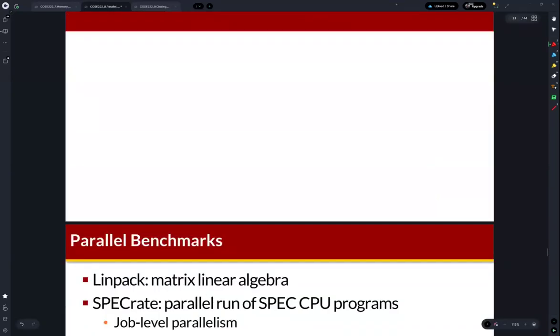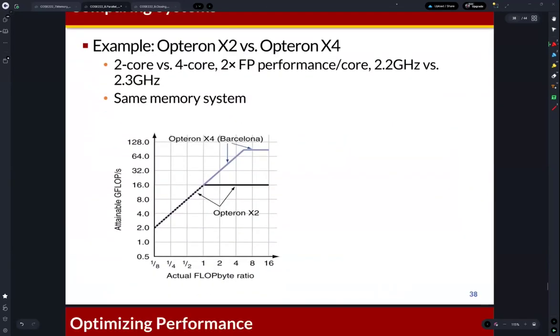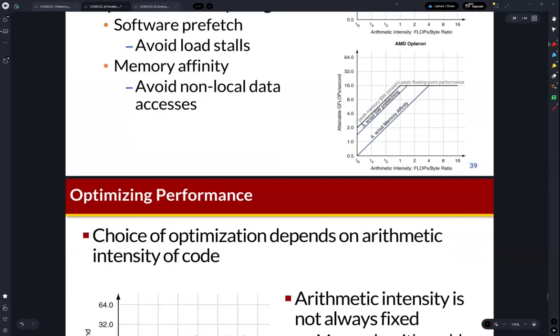I also skip the performance model. It just explains the roofline model, which is a kind of advanced part.